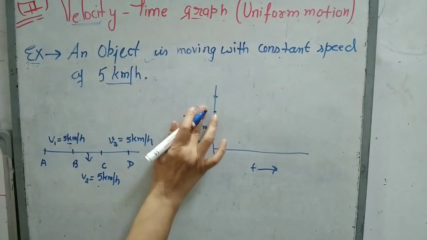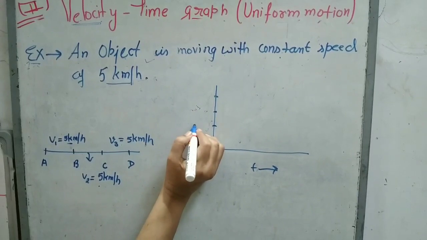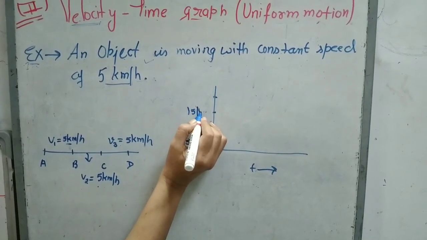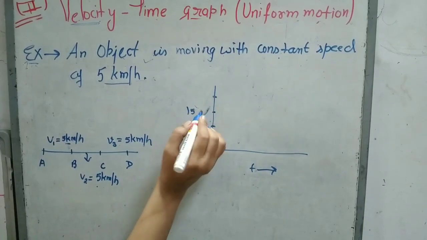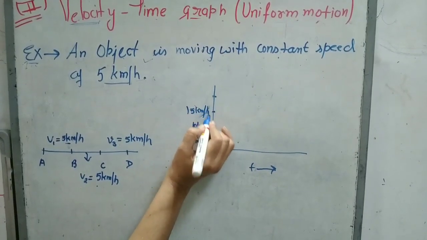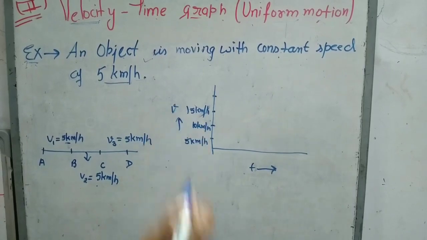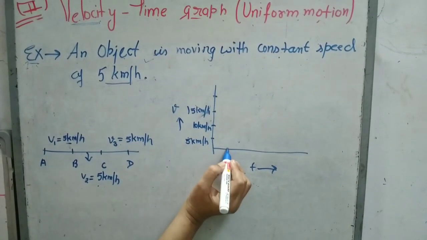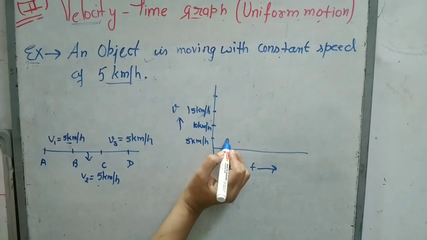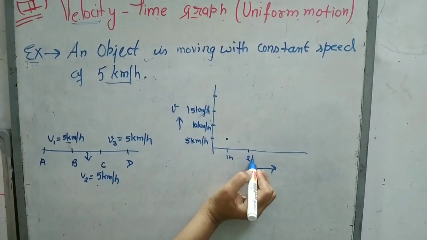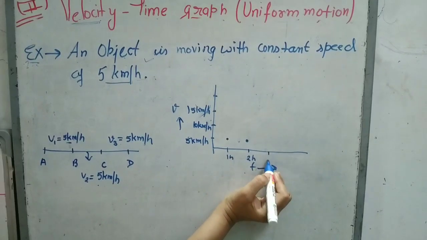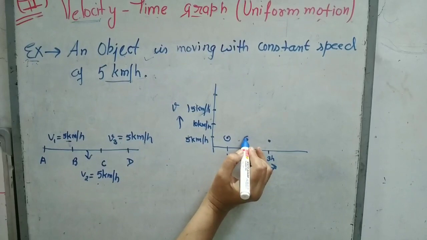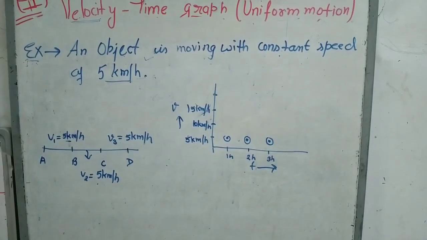So the interval will be 10 km per hour, 15 km per hour, and so on. Here I am writing velocity. Now on the horizontal axis we can place time, 1 hour, 2 hour. The velocity is constant, so every time we have to make a point at 5 km per hour only. That means these are the 3 points.